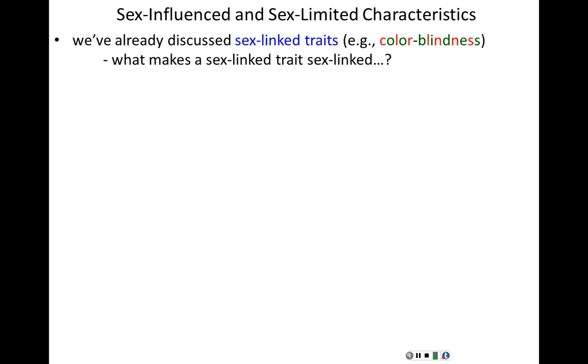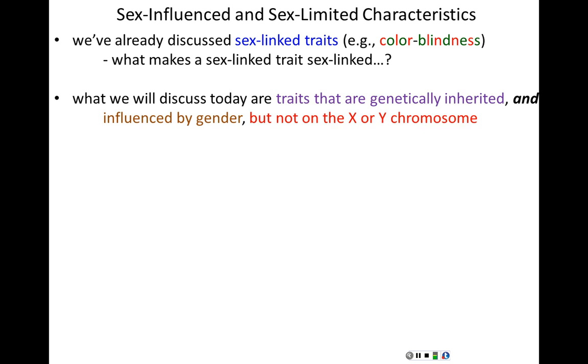What makes a sex-linked trait is that it's usually passed from mother to son, and the reason why it's passed from mother to son is because sex-linked traits are X-linked traits. These are traits encoded by genes that can be found on the X chromosome. And since dad gives his son the Y chromosome, that's the gender chromosome, and mom gives the son his only X, X-linked traits become sex-linked traits passed from mother to son. We talked about all that.